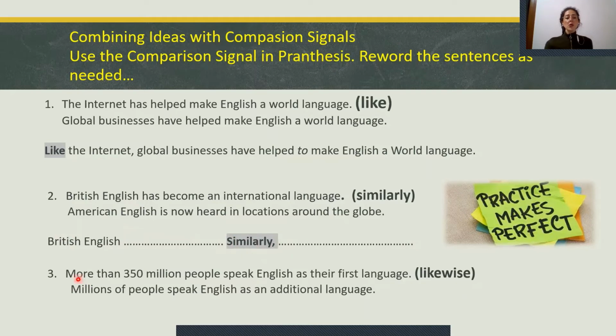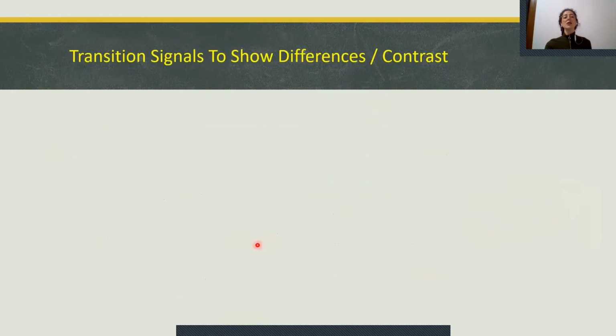Third one: more than 350 million people speak English as their first language. Likewise, millions of people speak English as an additional language. Likewise can also be used by ending one sentence and connecting it to the next. I'm skipping this part.